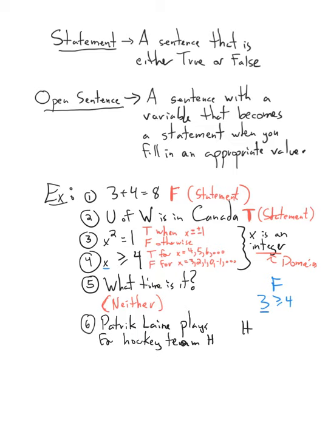So h is an NHL team. And right now Patrick Laine is a Winnipeg Jet. So this is true when h is the Jets, and false for any other hockey team.